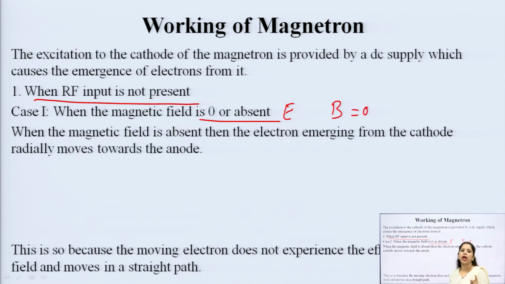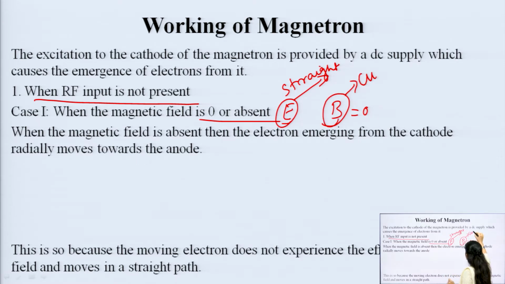And one more thing we have to know: the electric field provides a straight movement of electrons, and the magnetic field provides the curvy movement, or we can say the movement of an electron along an arc. Whenever we discuss this, we have to remember these 2 points.